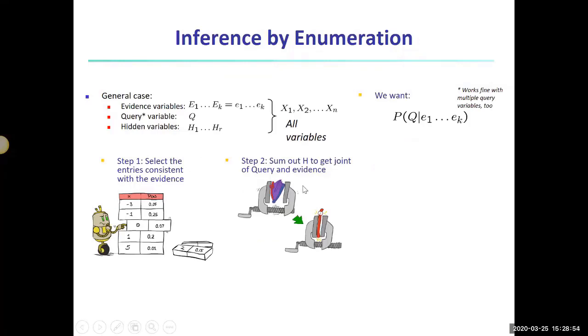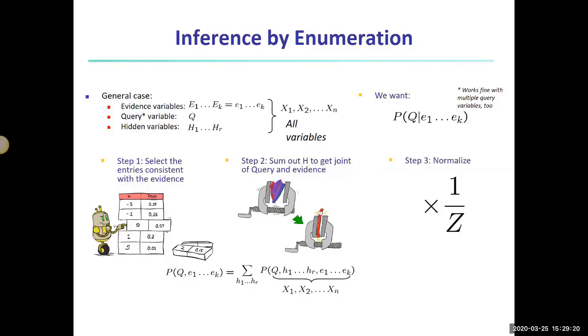In those, we will deal with those hidden variables. Remember, when we compute marginal probability, we sum out those hidden variables. So for those hidden variables H1 to Hr, we have to explicitly list them and enumerate through them to sum up all the probabilities.